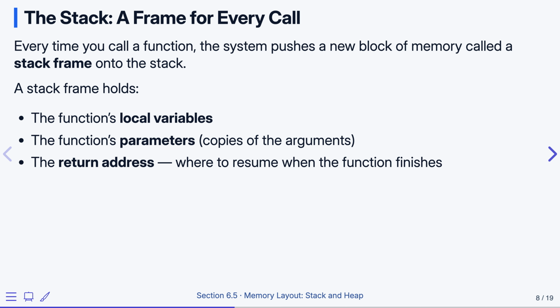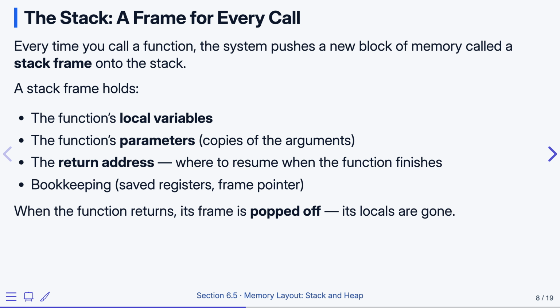Third, the return address, which tells the program where to resume when the function finishes. And fourth, some bookkeeping, like saved registers and the frame pointer. When the function returns, its whole stack frame is popped off the stack. The local variables and parameters are gone. Their memory is reclaimed.